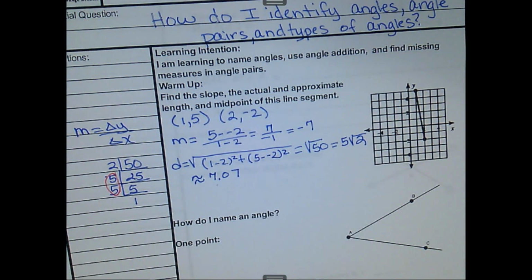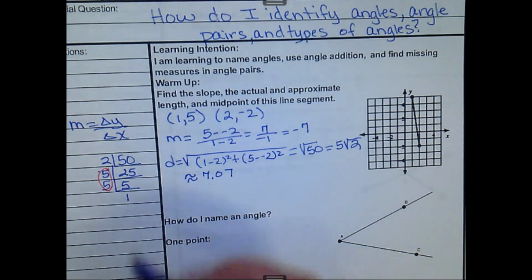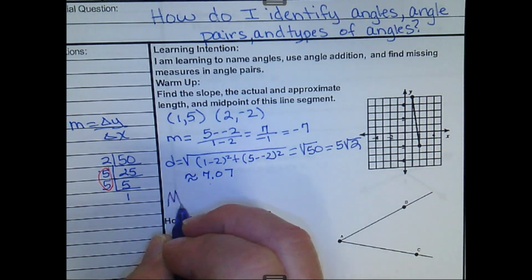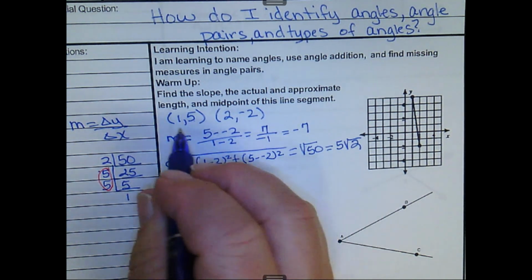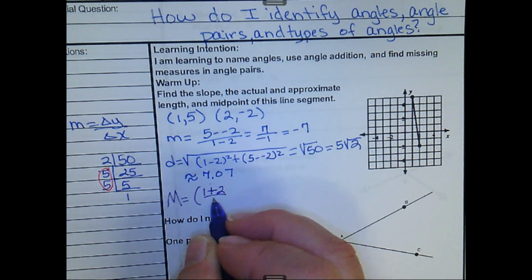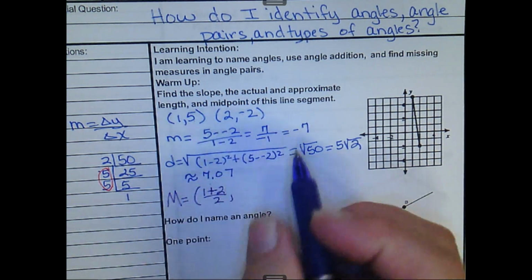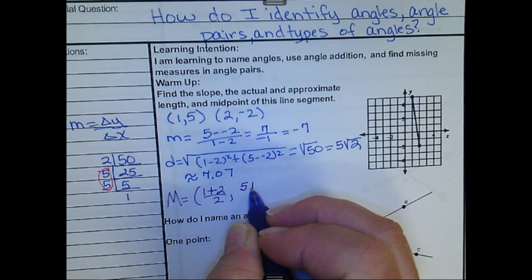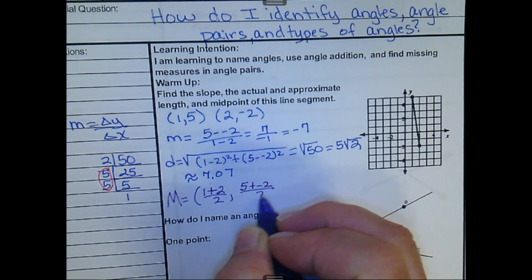Okay, now what about the midpoint? Midpoint is the easy one. You add them together. It's a capital M. (1 plus 2) divided by 2, (5 plus -2) divided by 2.